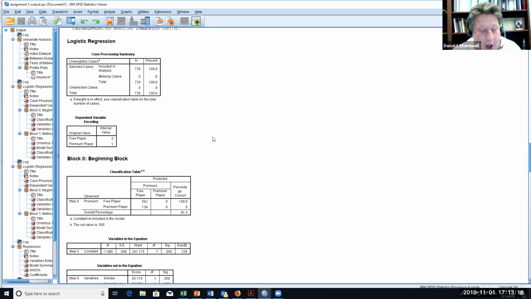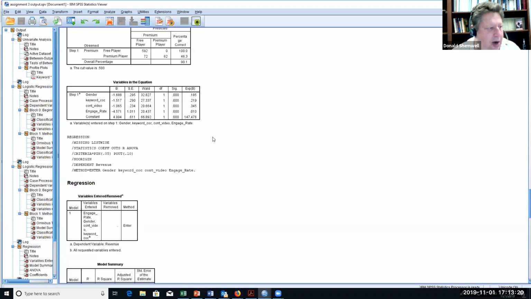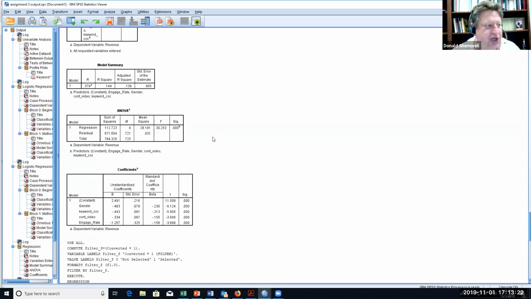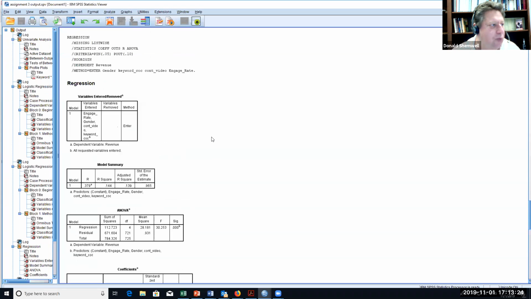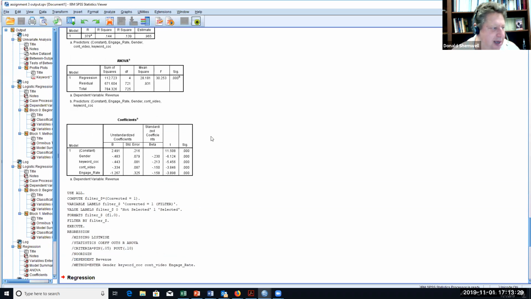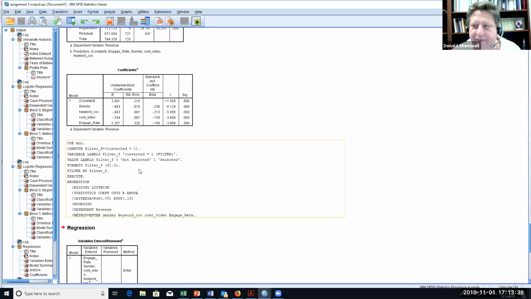Okay, so in the regression that we use for question 7, we did something a little bit different. We went in and we filtered. I think in SPSS, they would call this a filter.